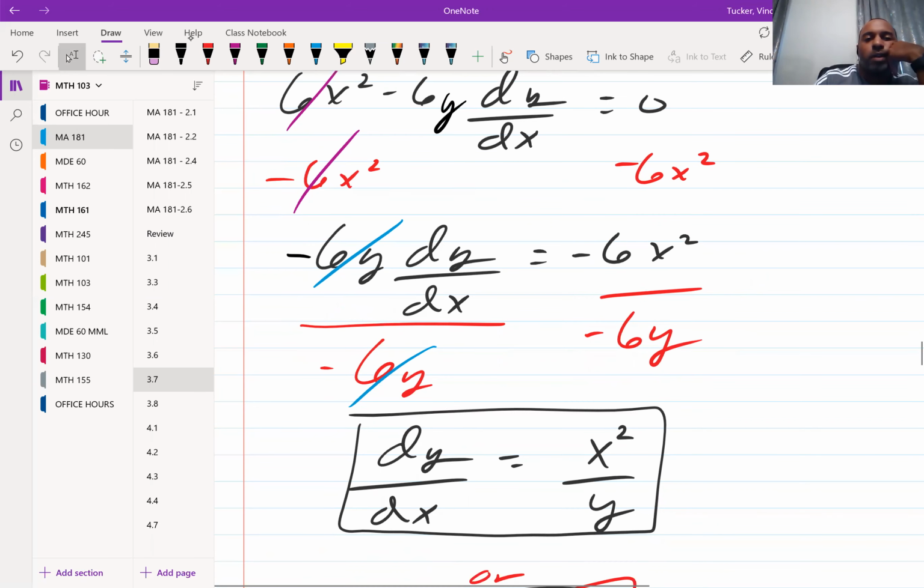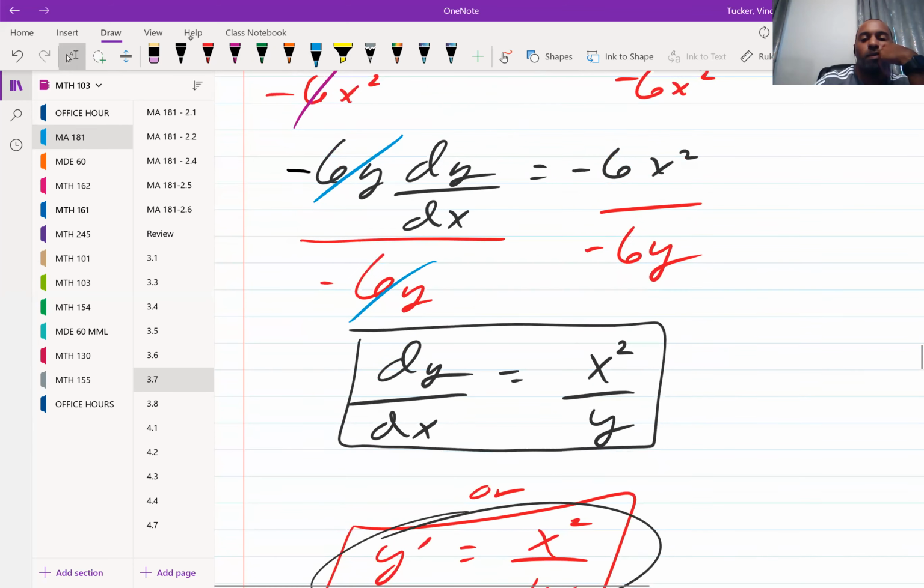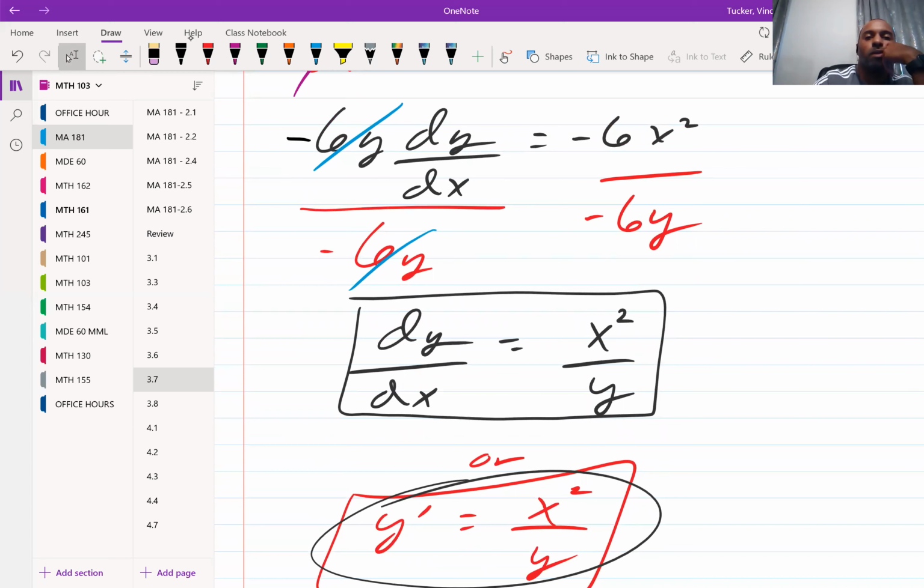All right, so now we have to take the derivative again, because remember we need the second derivative. Hold on one second.